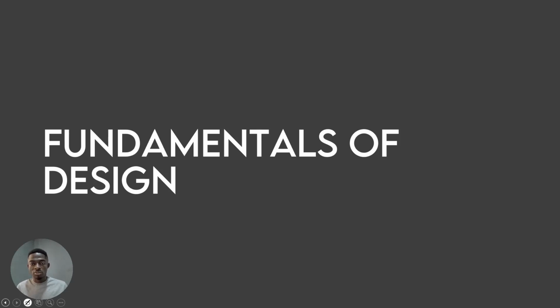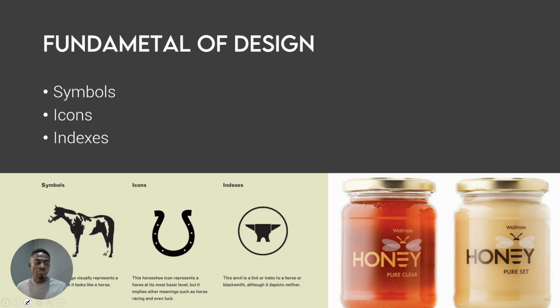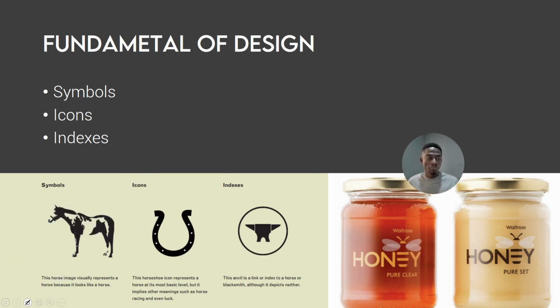I'll brush through here fast because right now we are basically done with the main things of design. These are some of the fundamentals you want to observe too. We have symbols, icons, and indexes. For instance, the horse is a symbol, and this horse is visually representing a horse because it looks like a horse.